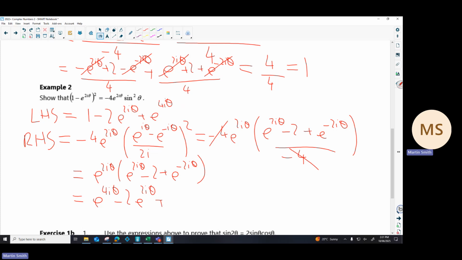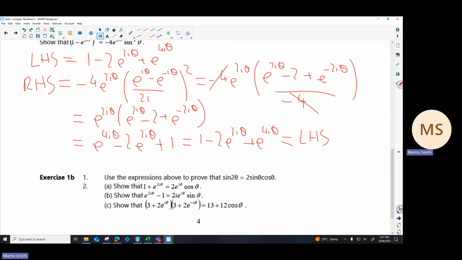plus, if you multiply the last term together, adding the powers, you get 0, and e to the 0 is just 1. And that is 1 minus 2e to the 2i theta plus e to the 4i theta. So that proves that the right-hand side is equal to the left-hand side.